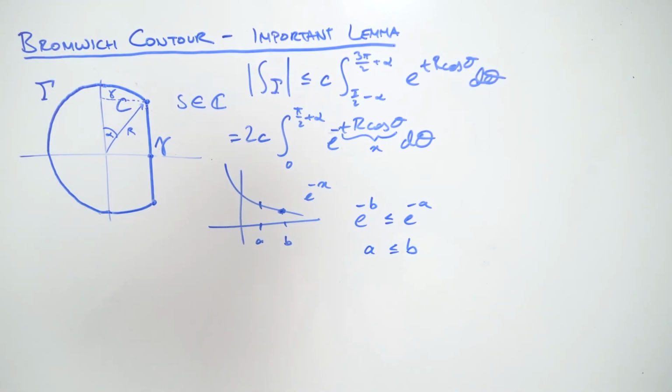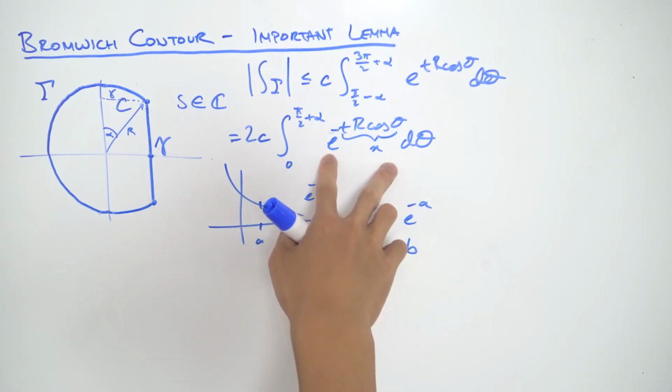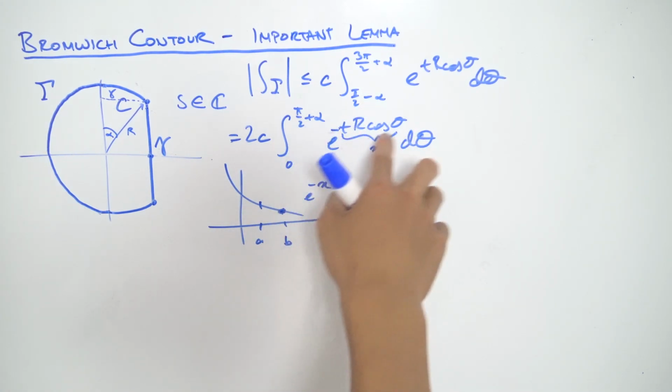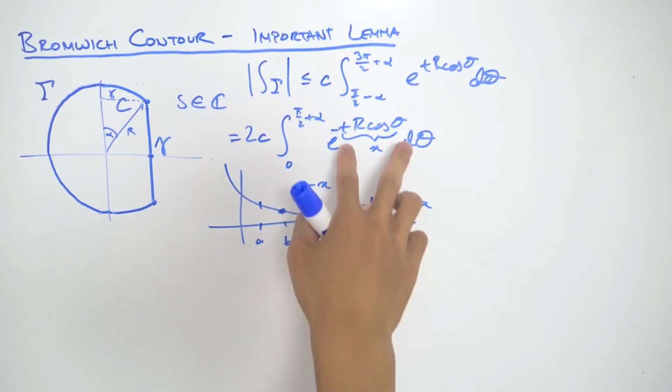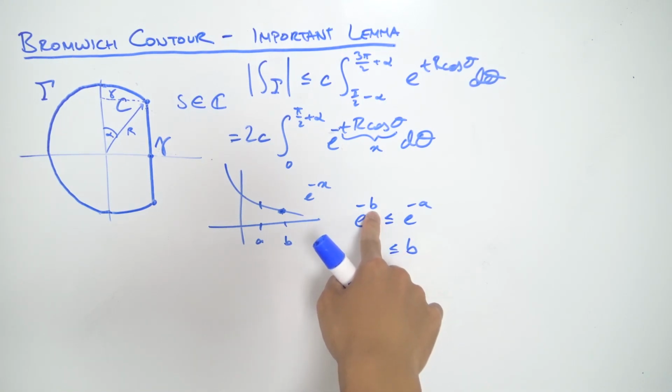So how does this actually help us? What this is saying is that in order to find a new upper bound for our function over here, we need to find a function in the exponent that's less than or equal to what we currently have. So imagine this whole entire exponent is kind of like our b at the moment.